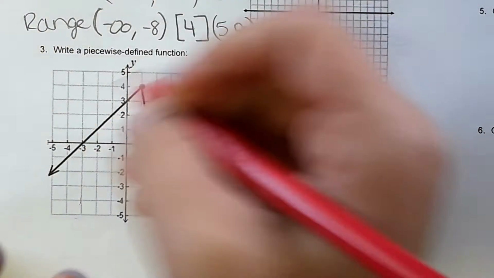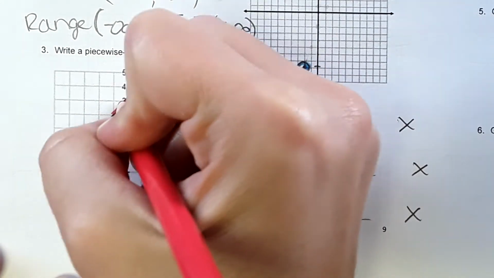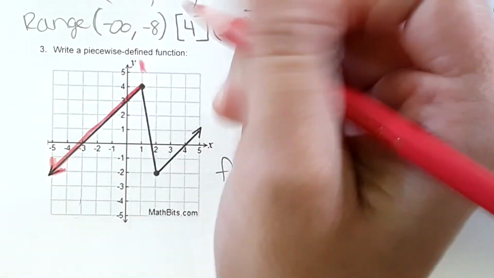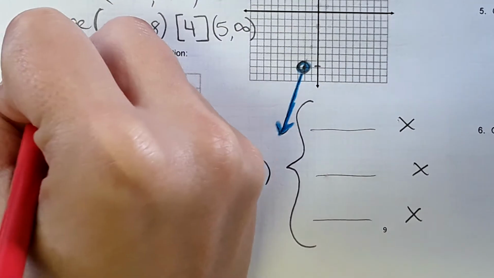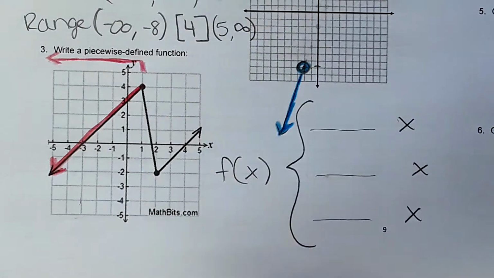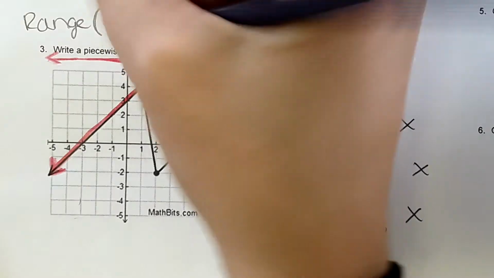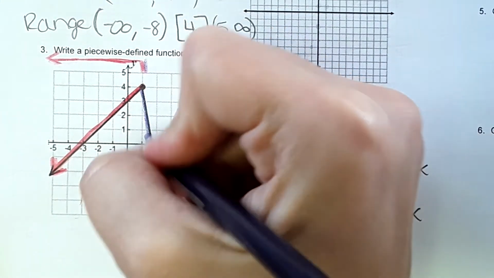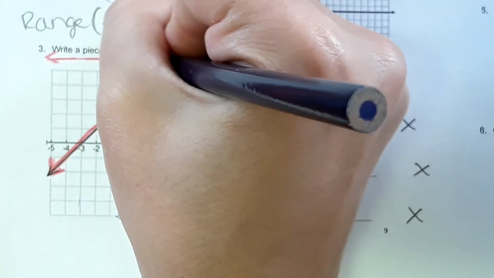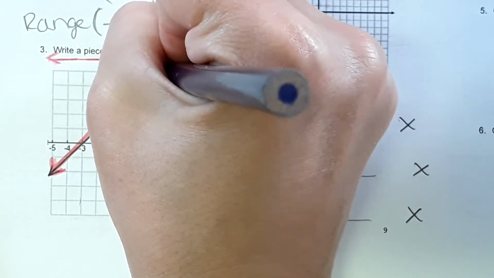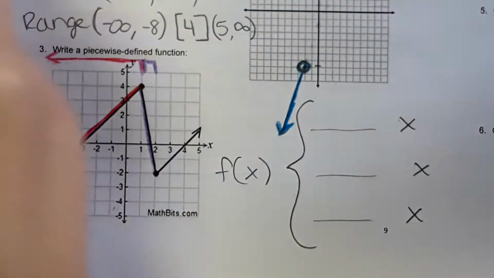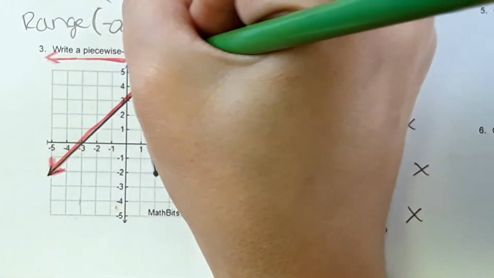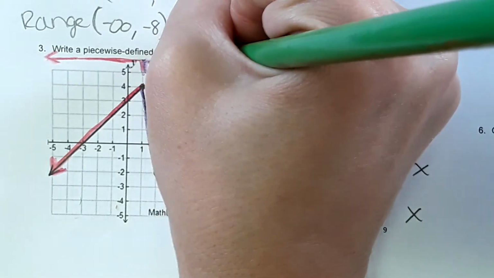There's 3 parts of the line, so this is going to be our red section. This is going to be our purple section, and purple is literally from 1 to 2. And then this line will be our green section. This is from 2 up.